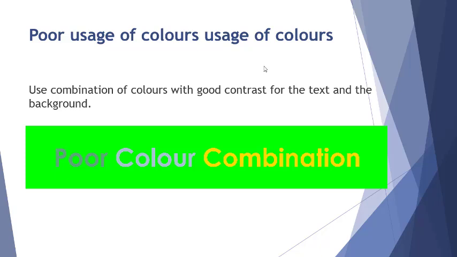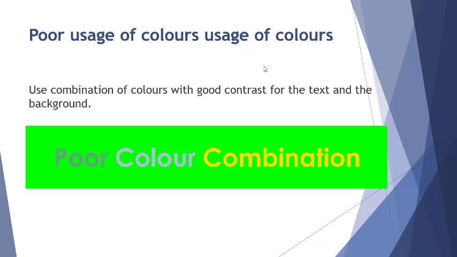Poor usage of color. Use a combination of colors with good contrast for the text and the background. Look at this example given. Each of these texts has a very bad color relative to the background.